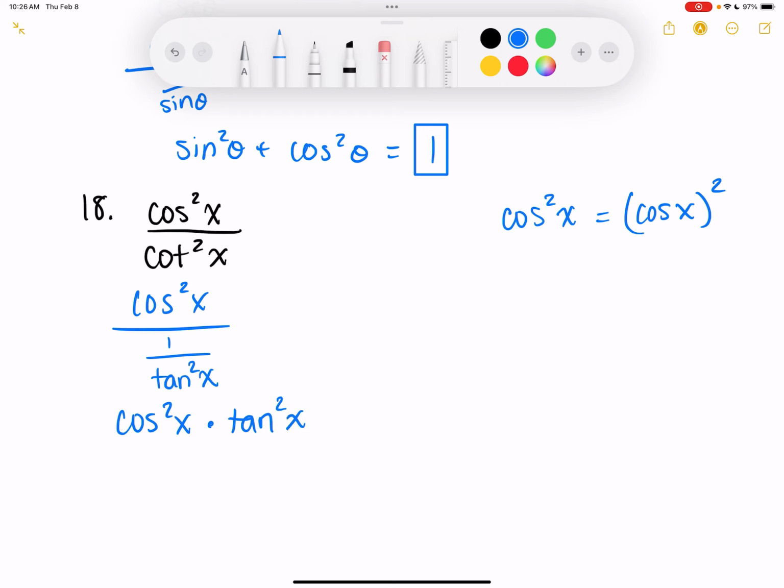Then what would I have to do? Change the tangent to what? Sin over cos. Yep, and then because it's squared, both pieces are going to be squared. So cosine squared x times sine squared x over cosine squared x. And cosines cancel, leaves you with sine squared of x.